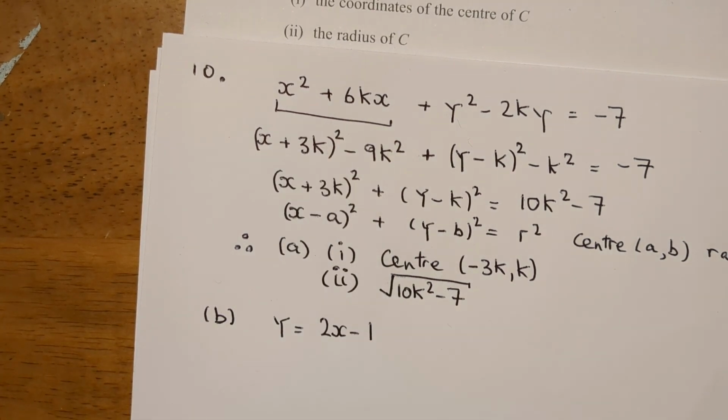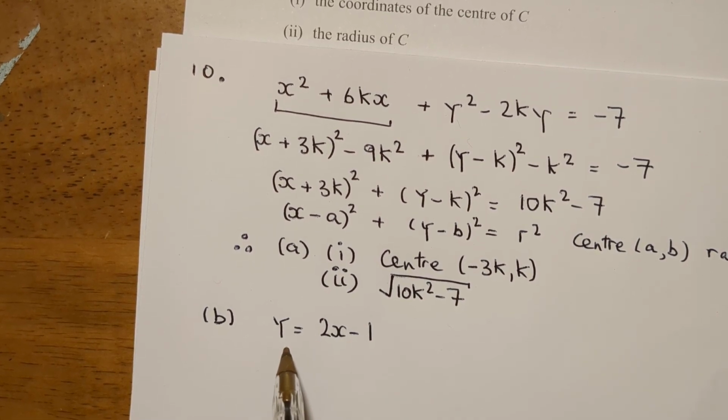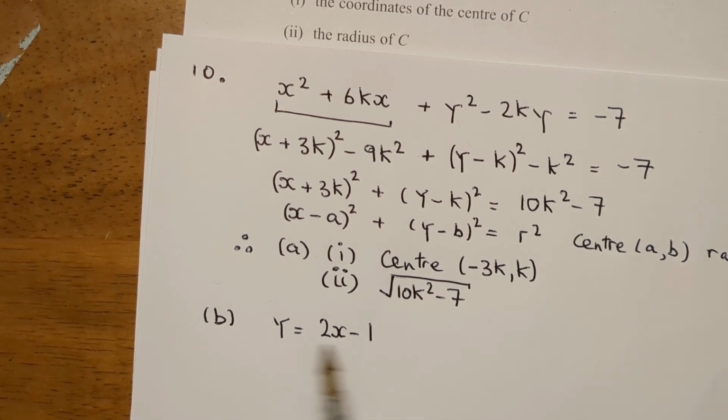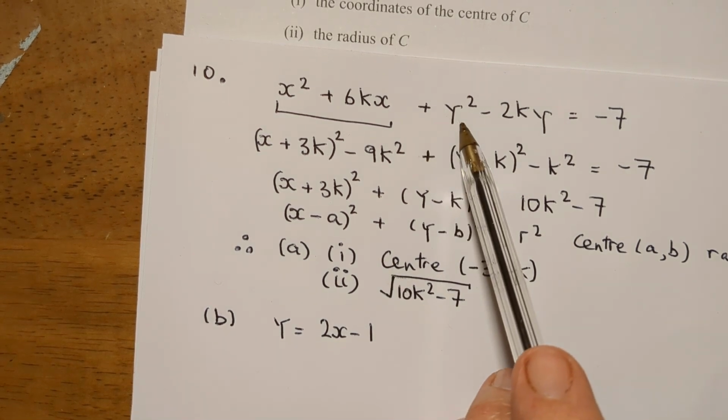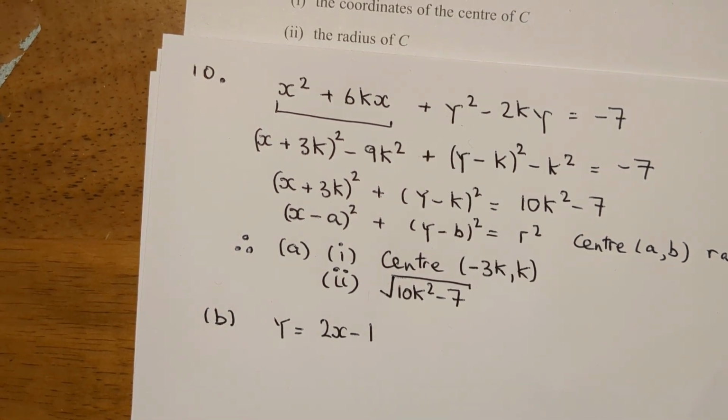You've got to find where they intersect, where they meet. So I'm going to use the substitution principle: if two things are equal to each other, then you can replace one by the other. So this y I'm going to replace by 2x minus 1.